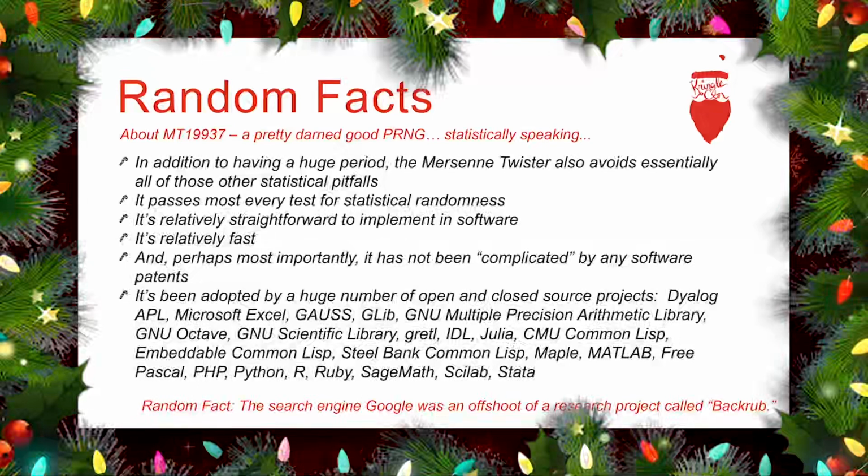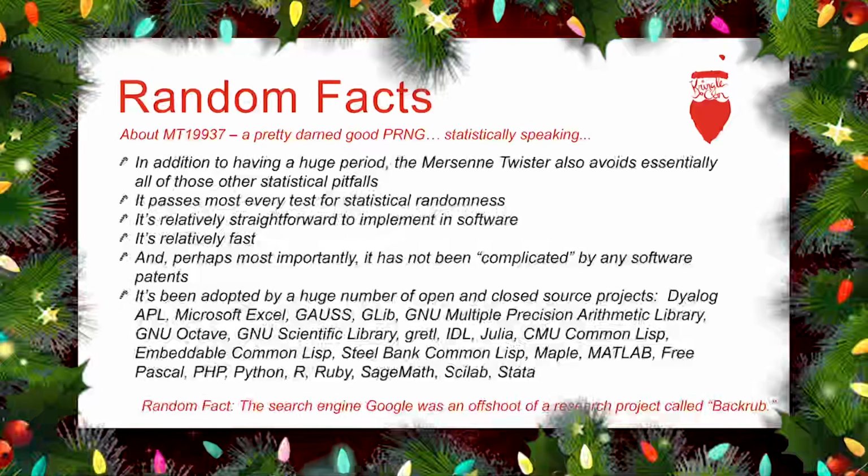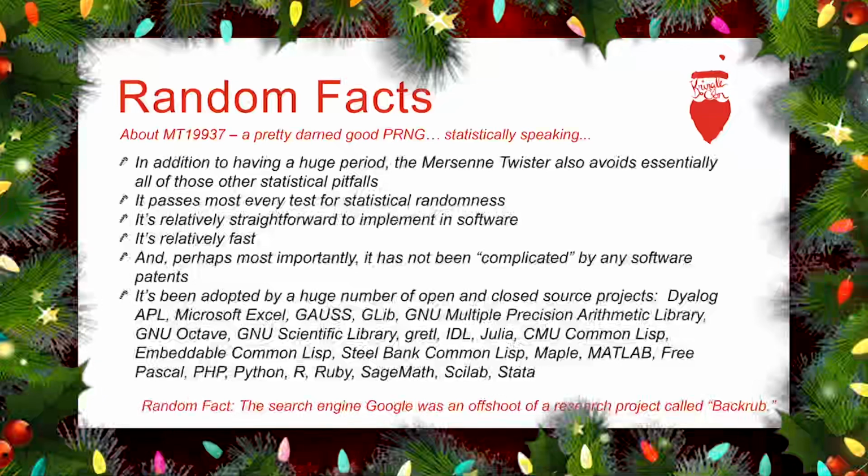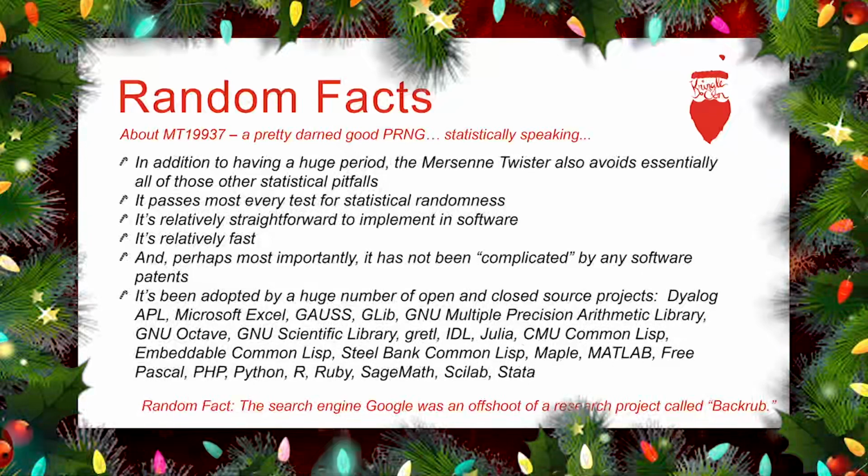Some of the ones you might be familiar with are things like the language Python. The random number generation within Python is based on the MT19937 Mersenne twister pseudo-random number generator, as is the pseudo-random number generator in Pascal, PHP, Ruby, Sage Math, Excel.